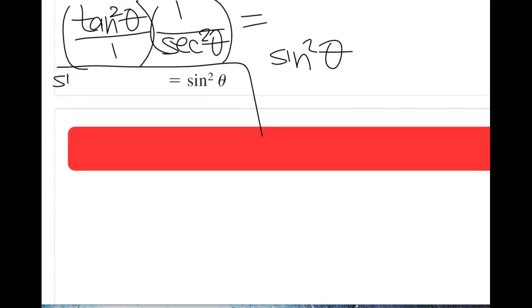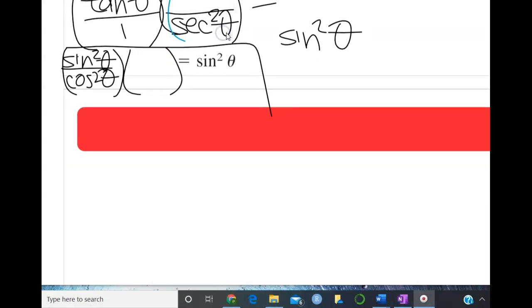So sine square theta over cosine square theta times 1 over secant square theta. And here we use the reciprocal identity for 1 over secant square theta, and that is going to turn into cosine square theta over 1.